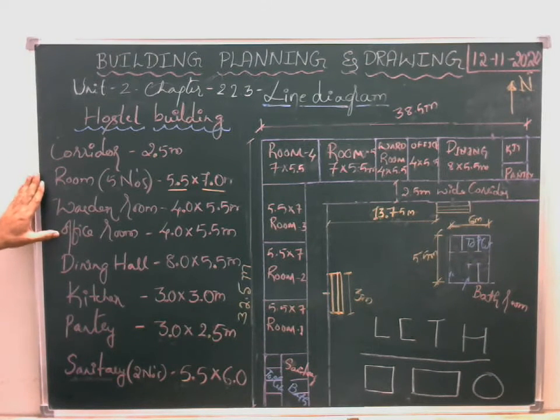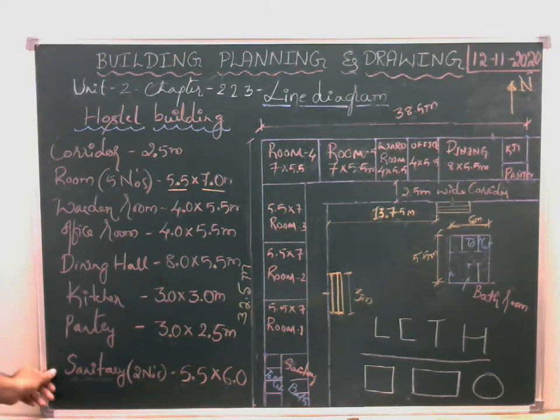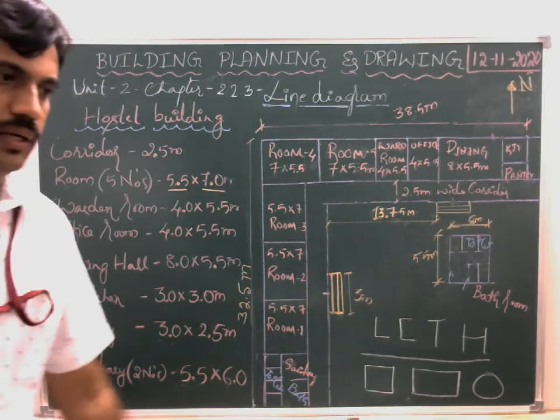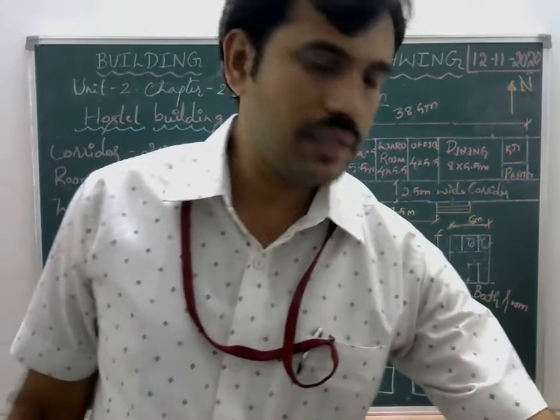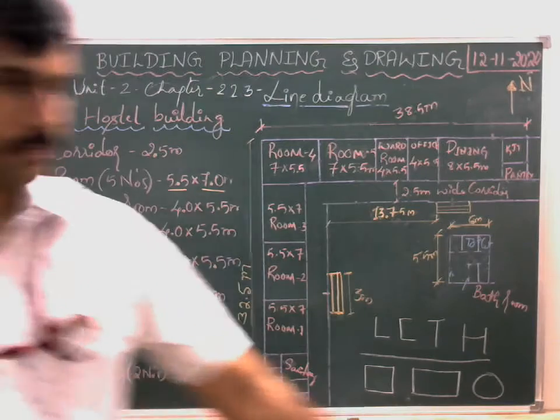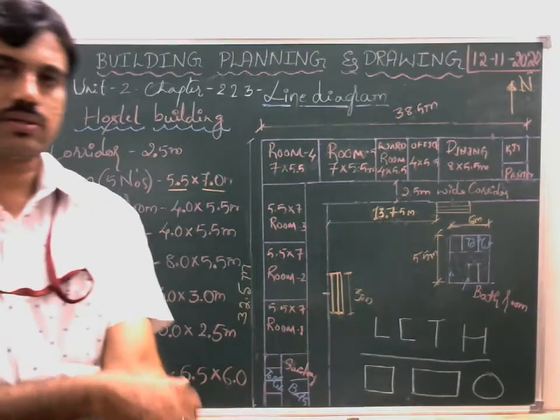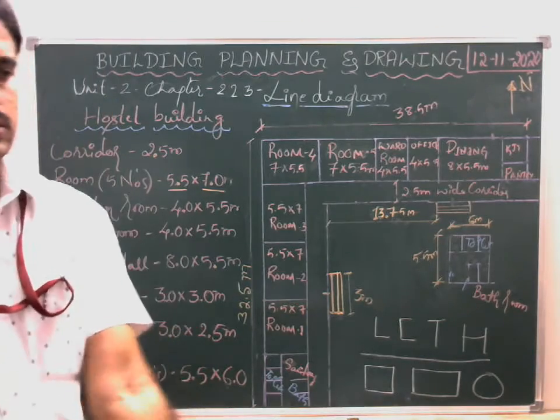And office room, dining hall, and we have to provide kitchen, and beside that a pantry, and then sanitary. In that we want to provide toilet and bathroom. So these are the basic things we have to add in hostel building. Again, it depends on a ladies hostel or boys hostel, it varies.